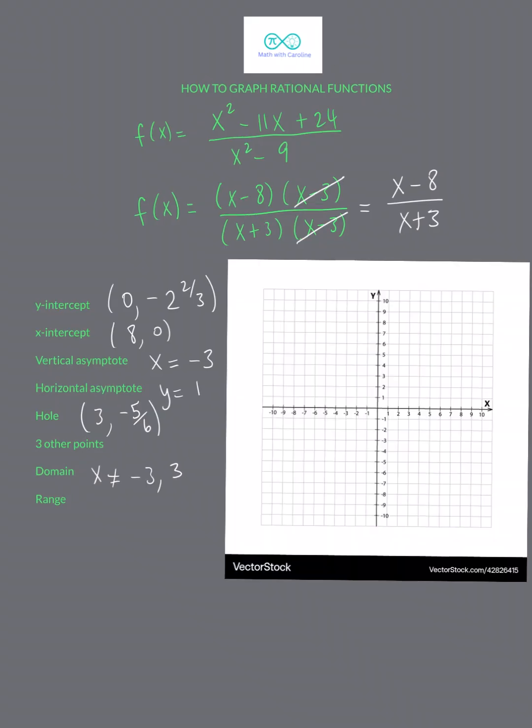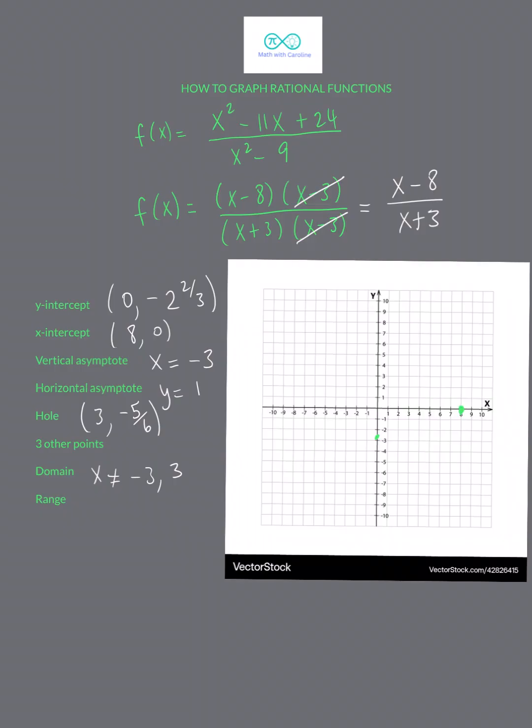It can also be very helpful to go ahead and graph everything we already have before we find our 3 other points, so that we can see more easily what other points we might want to find. So let's plot our y-intercept. We have 0, -2/3, so we're going to put that about right there. Then we have our x-intercept of 8, 0, so we're going to put that right there.